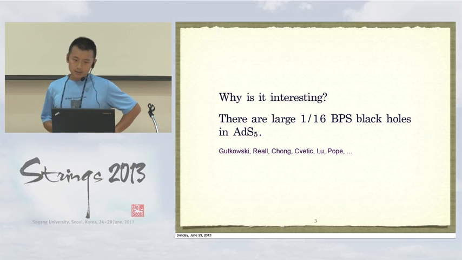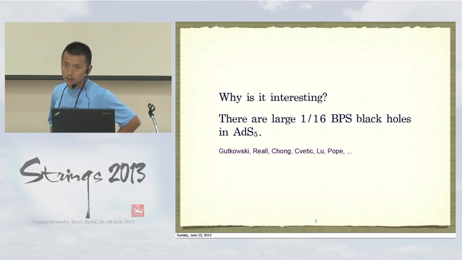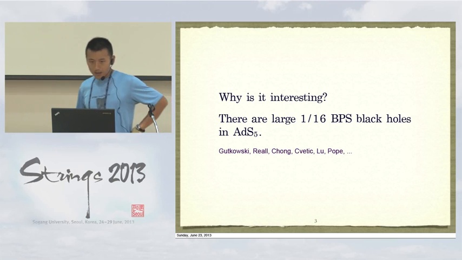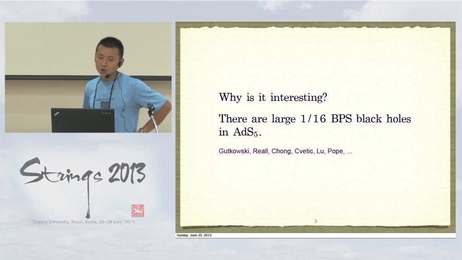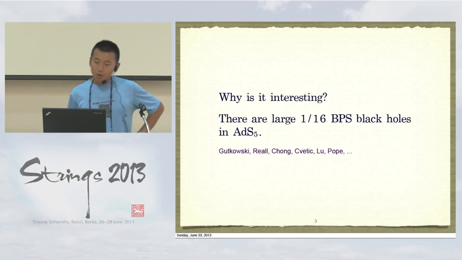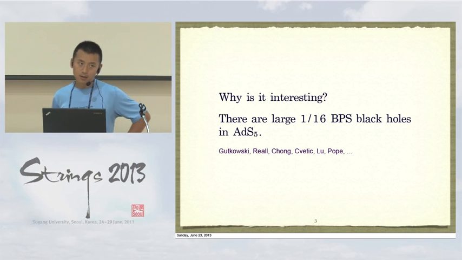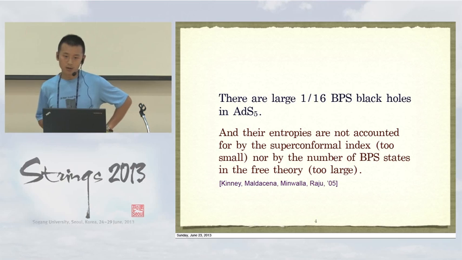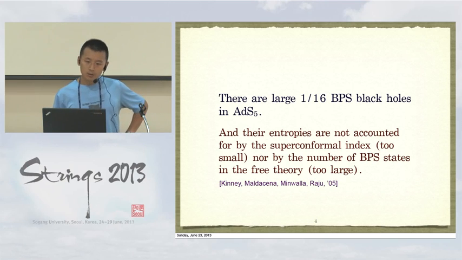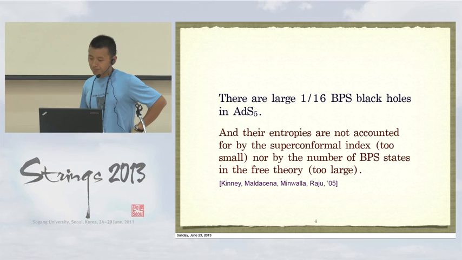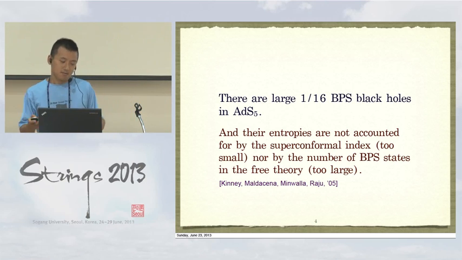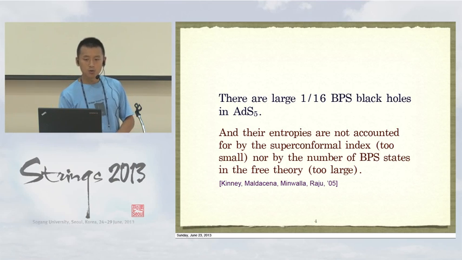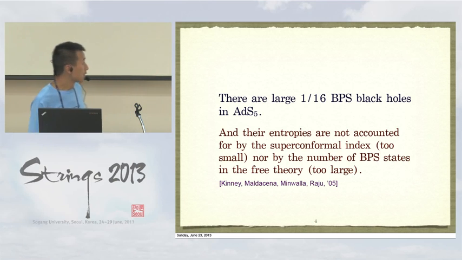To try to understand the Bekenstein-Hawking entropy of these large 1/16 BPS black holes from the gauge theory perspective is an interesting problem because, if this works, it would appear to be richer than the previously known and successfully counted microscopic entropy of BPS black holes. The entropy that counts the microstates of these BPS black holes will know about the dynamics of the gauge theory.